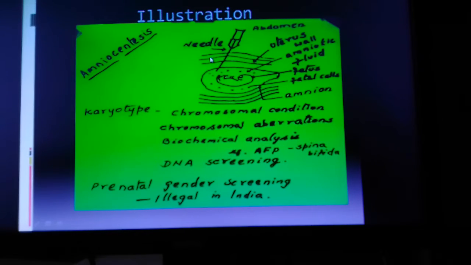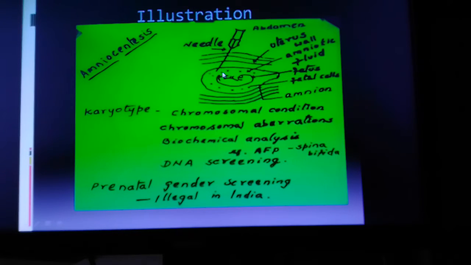So now here, after consulting the medical doctor or the genetic counselor about the need for amniocentesis, the amniotic fluid is drawn out using a needle which is very specific for this process. The amniotic fluid is drawn out of this amniotic cavity.